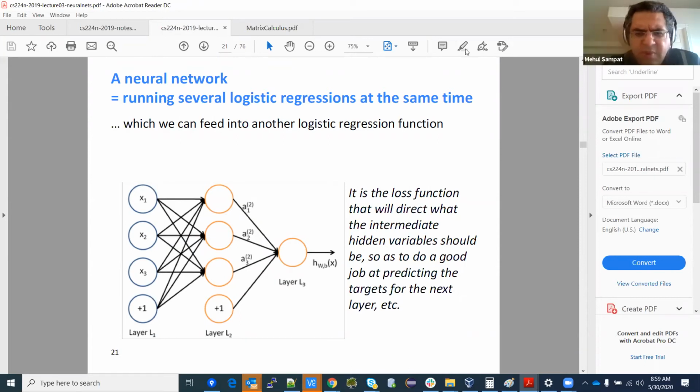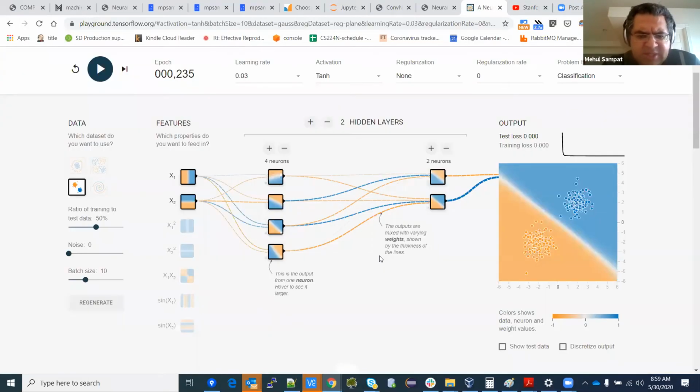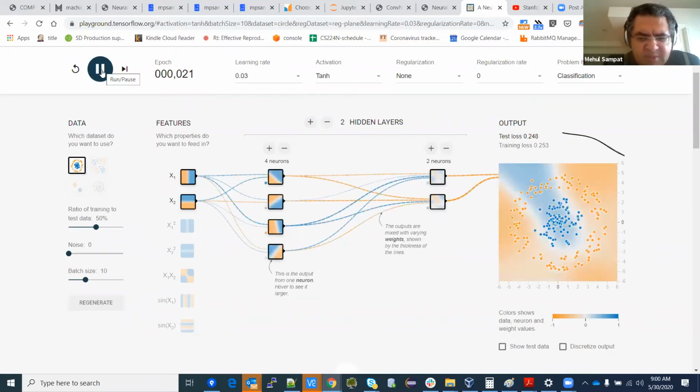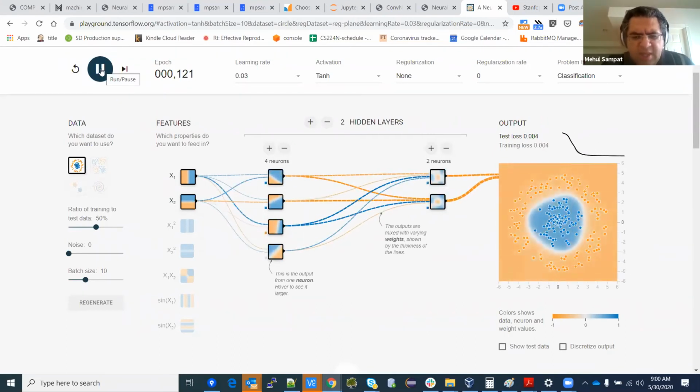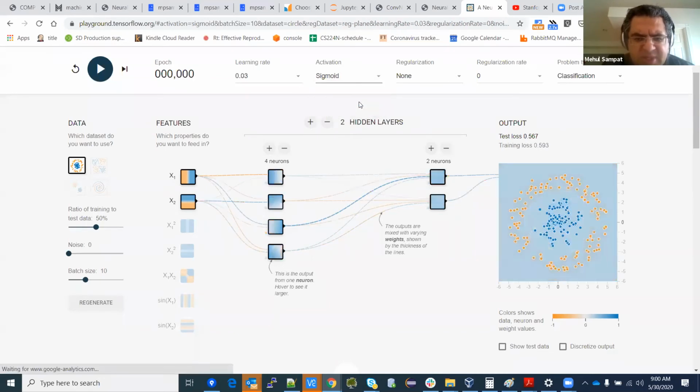So okay, let's quickly look at this. What we were just seeing is, you have inputs, and then here I just have two hidden layers, and we reset this. The parameters are listed here. Let's just go to Sigmoid.